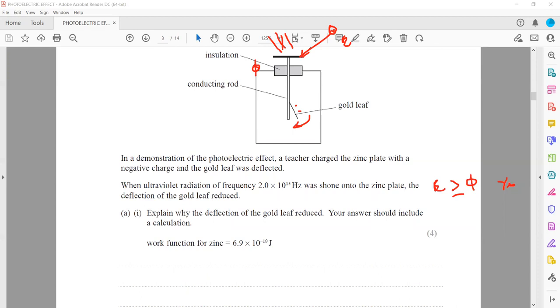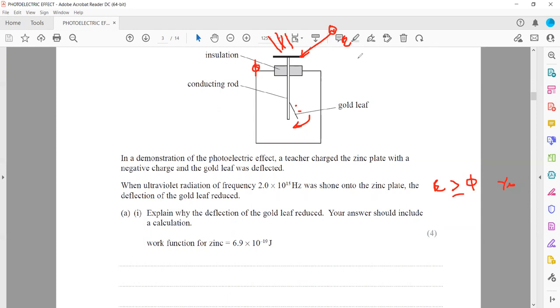We have the formula E equals hf. E is energy, h is Planck's constant, which is 6.63 into 10 to the power minus 34, and f is the frequency. So we multiply them to get the energy of the incident photon.